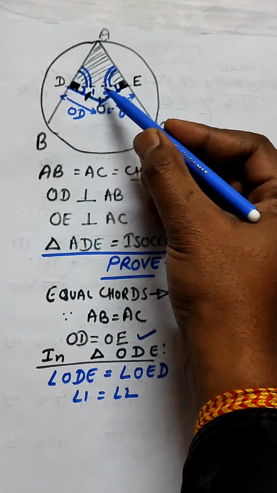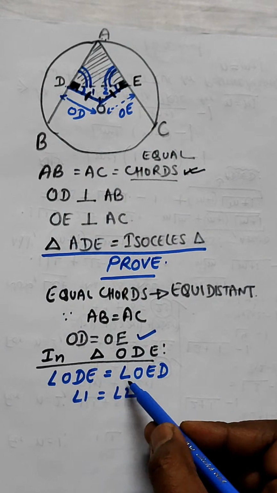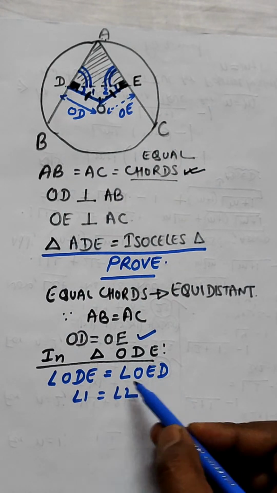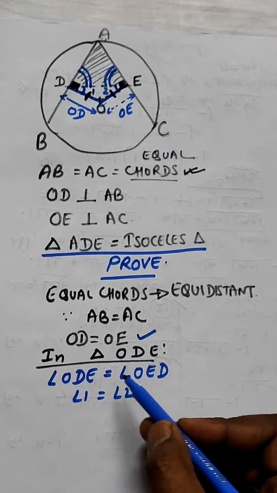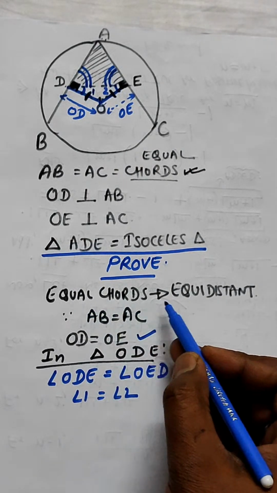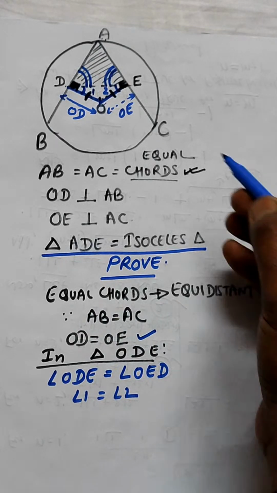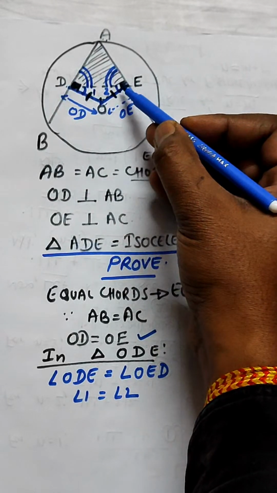Why will angle 1 be equal to angle 2? That means angle ODE is equal to angle OED. Why will this be equal? These will be equal because equal chords are equidistant. So, we can say that OD equals OE.